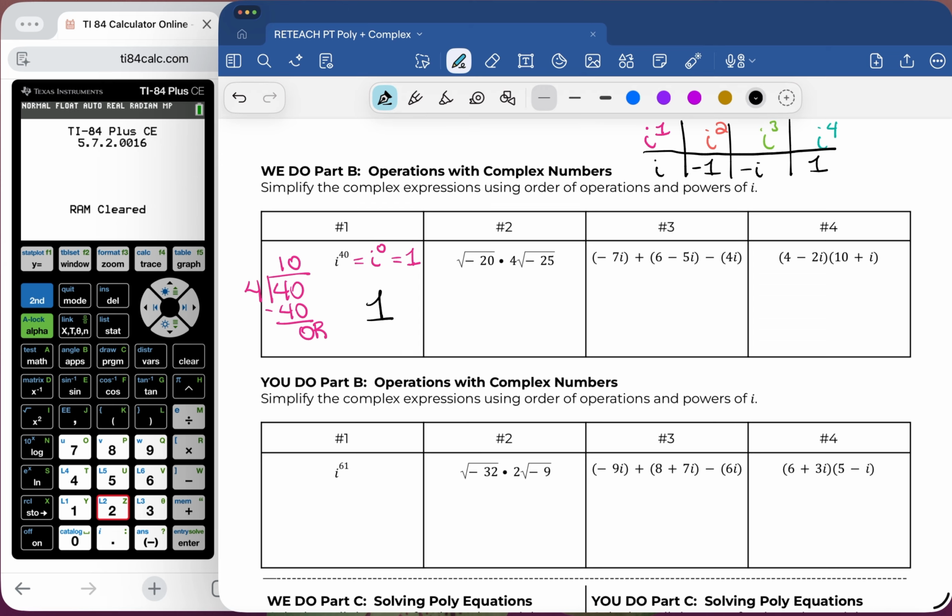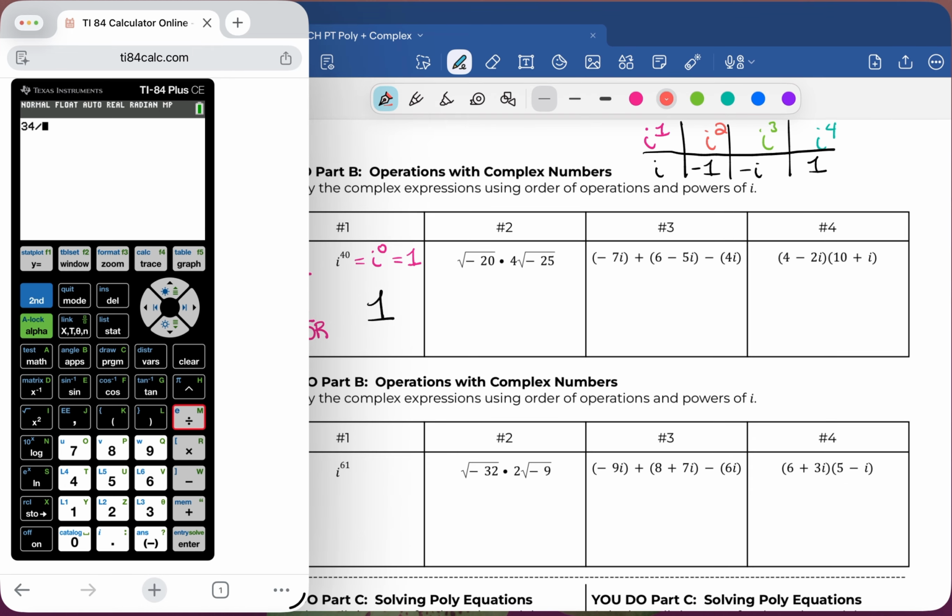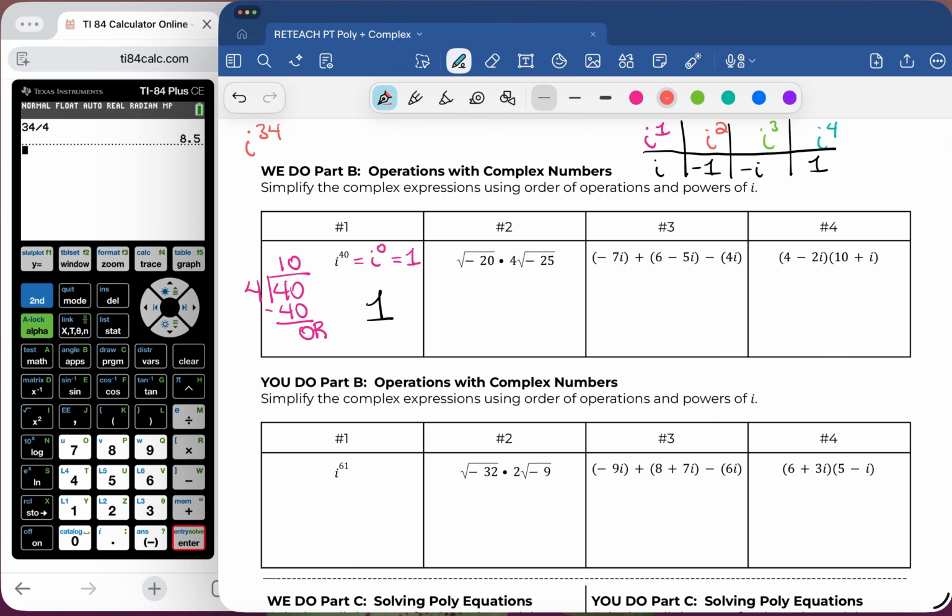So I'm just going to make up another number. It's not on our reteach here, but just to kind of help you out a little bit. Let's say that you had i to the power of 34. So you would need to do 34 divided by 4. And you can use your calculator a little bit, not too much. It doesn't give you the actual remainder. So you can see that it's not perfectly divisible by 4.